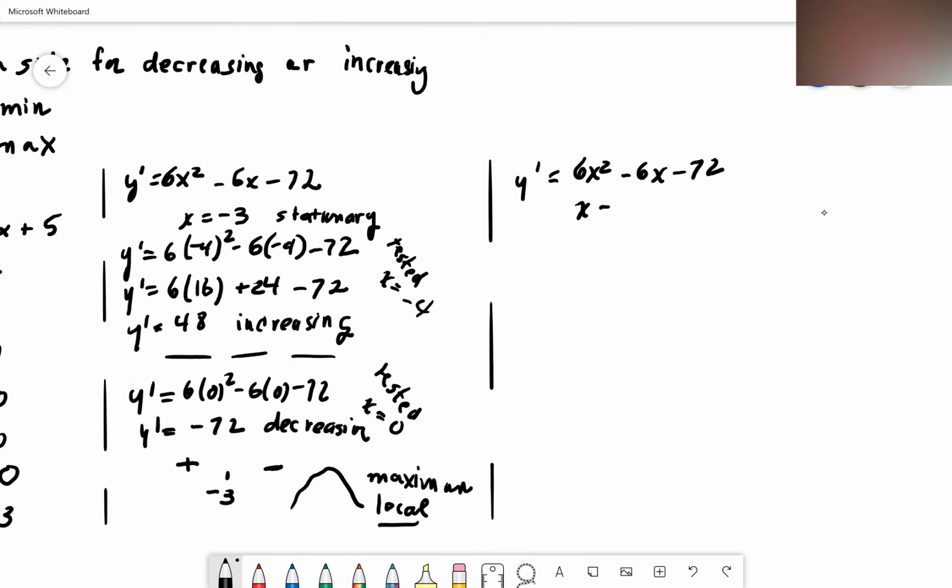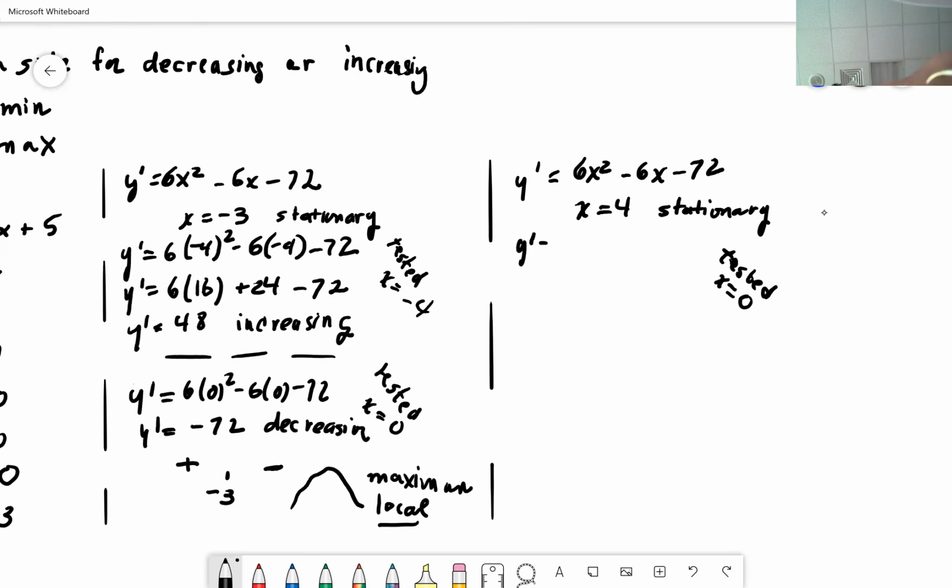In this case, x equals 4 is a stationary point. I'm going to test to the left. What's a good number to test to the left of 4, but that's not quite out beyond -3? Wouldn't we try 0 again? Isn't 0 to the left of 4? It's easy to compute. So we're going to test x equals 0.